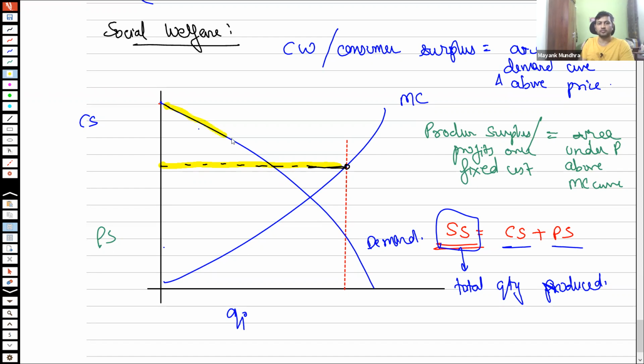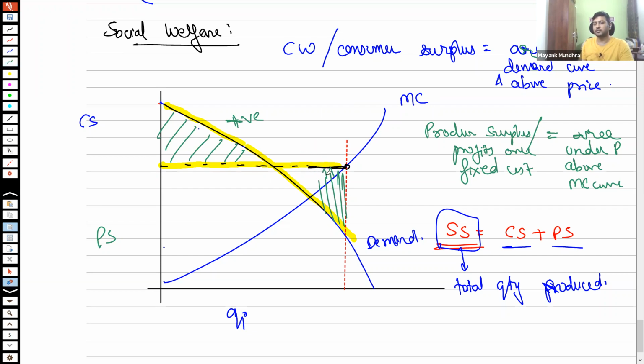Remember, area has a sign to it. So this consumer surplus will be positive, whereas this consumer surplus, since the price is above the demand curve, will be negative.